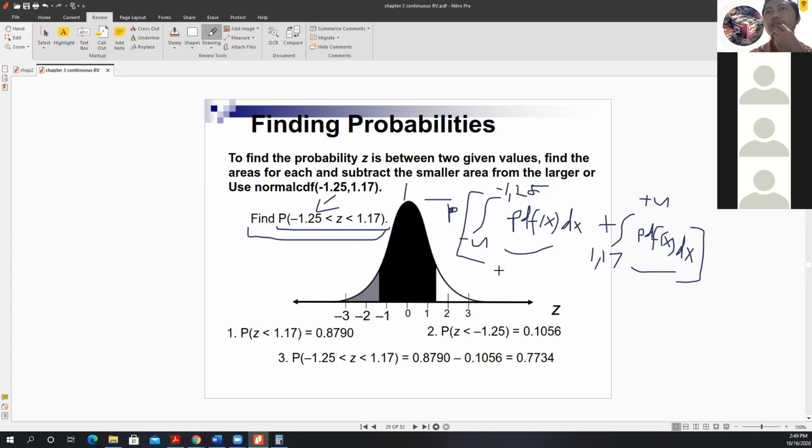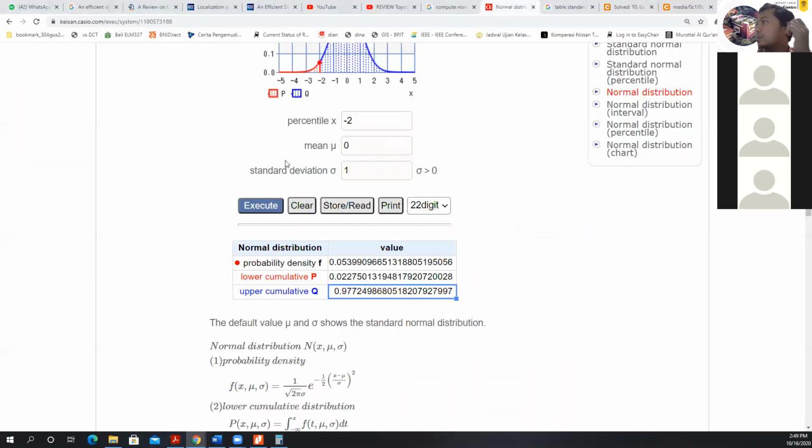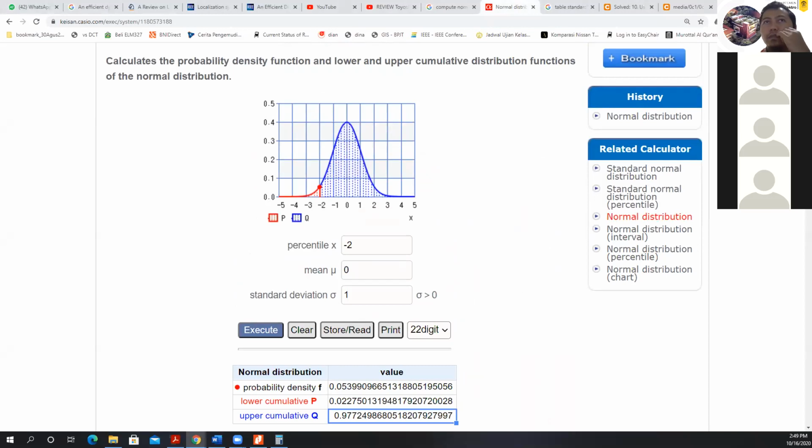Let's check using the screen here. Okay.